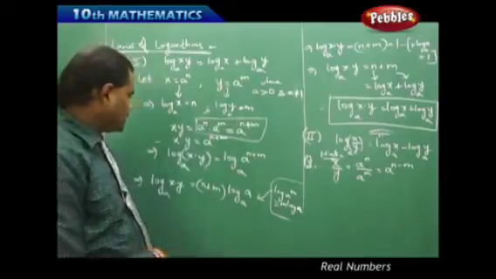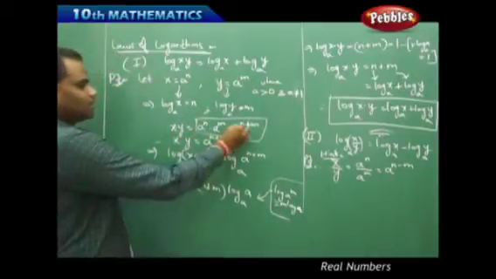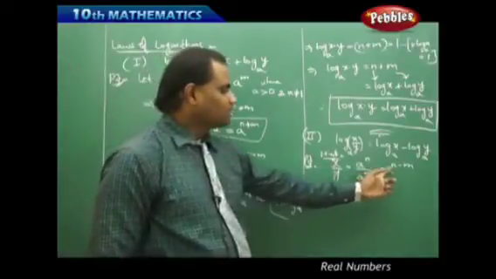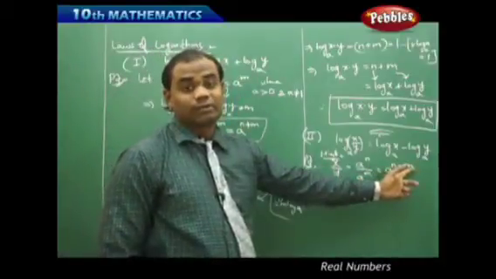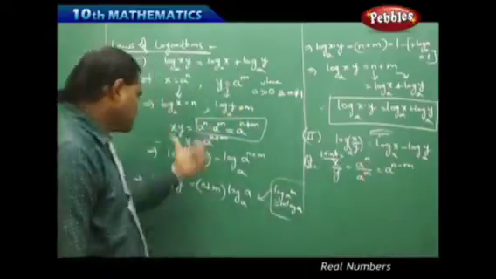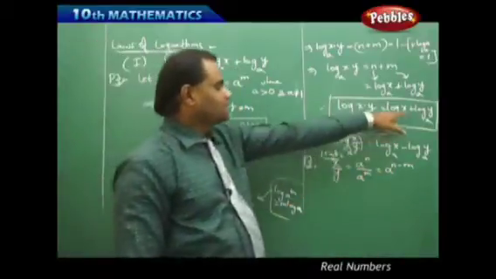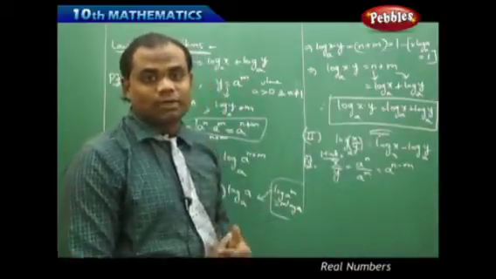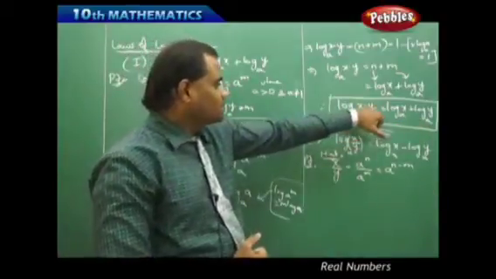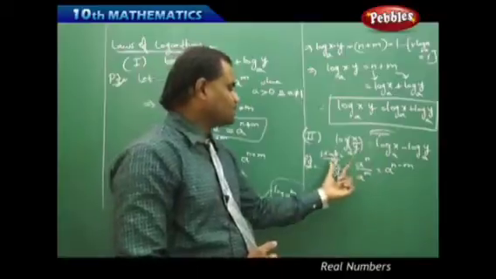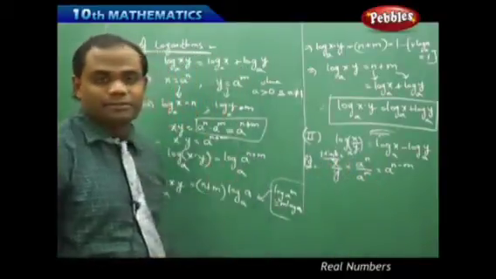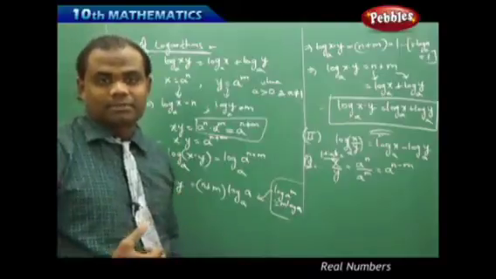So wherever I had x into y, I got a power n plus m, but wherever I want x by y, I get a power n minus m, the next law of index, and through this I derive where everywhere I get minus. It is as similar as the first proof, the only difference being that here I considered the multiplication, but here I'll consider the division, the rest of the proof followed by the division on every step.